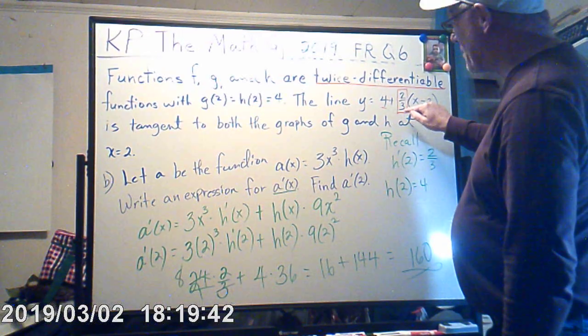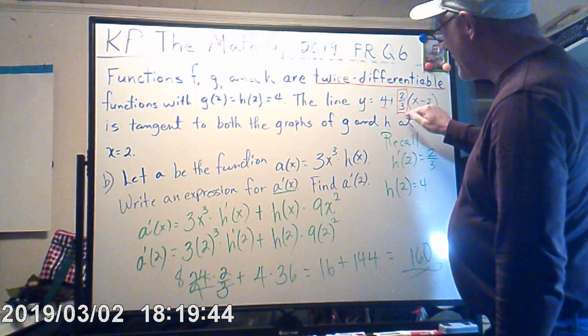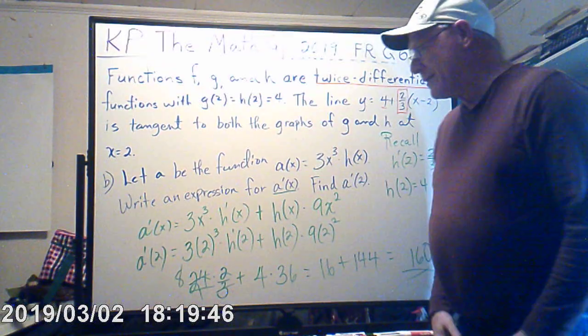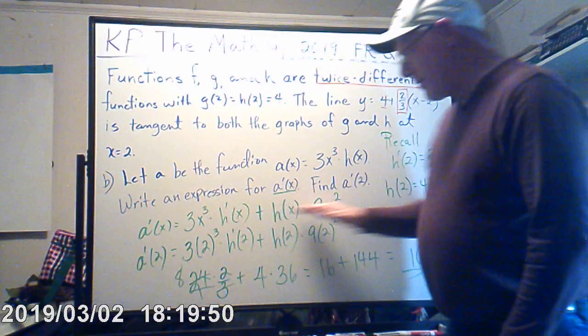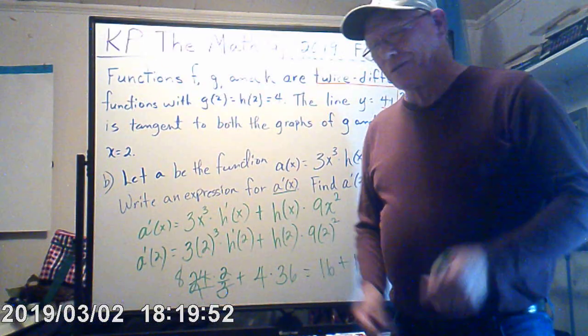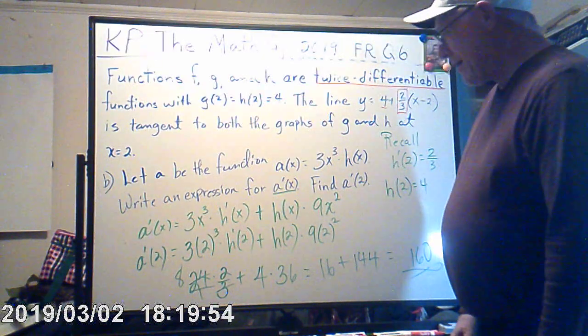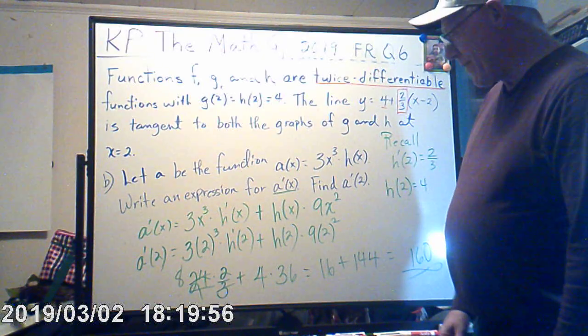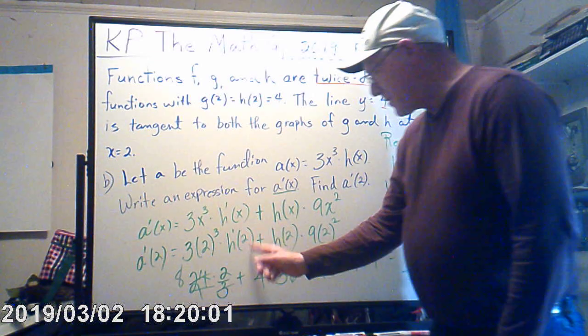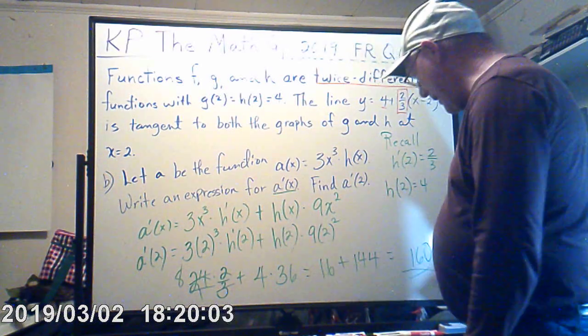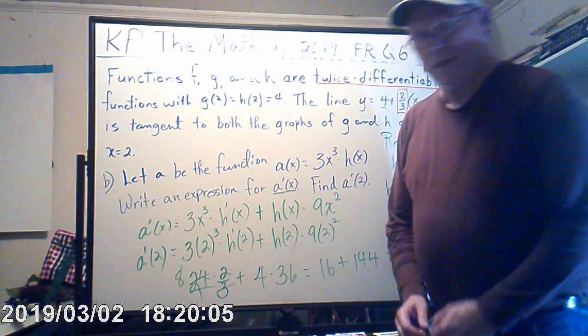Tangent, h prime is going to be 2/3. Okay, I already got that one. This one right here, just remember the product rule. Okay. And then from there, remember now, A prime at 2, plug 2 in, find the answer, and you got it.